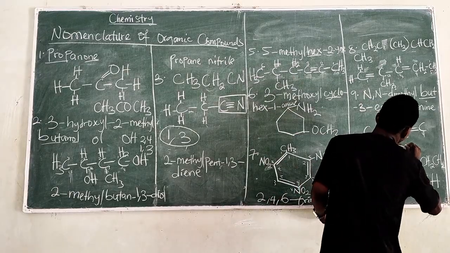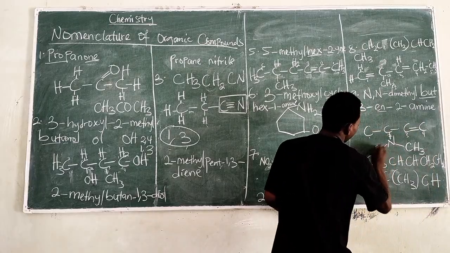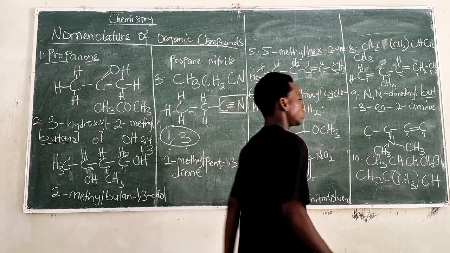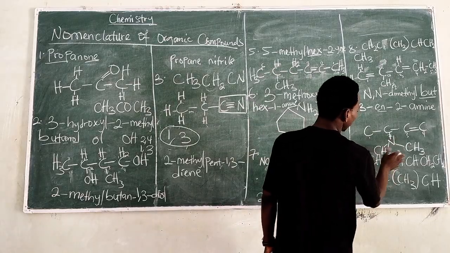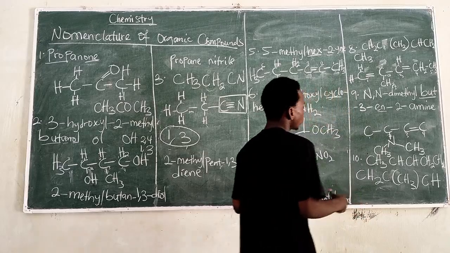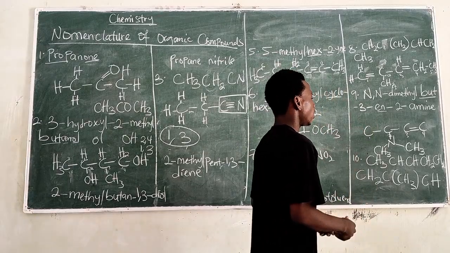So here we have CH3 and then another CH3. Now the bond of nitrogen is complete because it needs 3 bonds, and we have one N-methyl and another N-methyl. So that is all for the substituents in this particular naming.